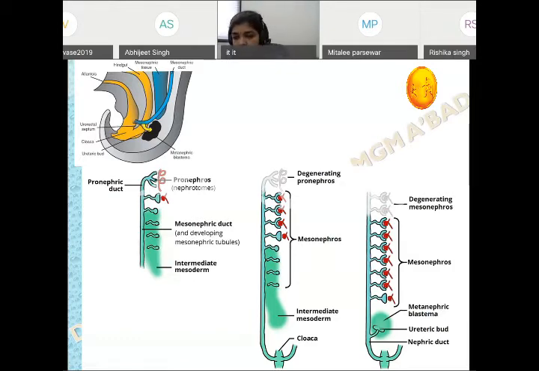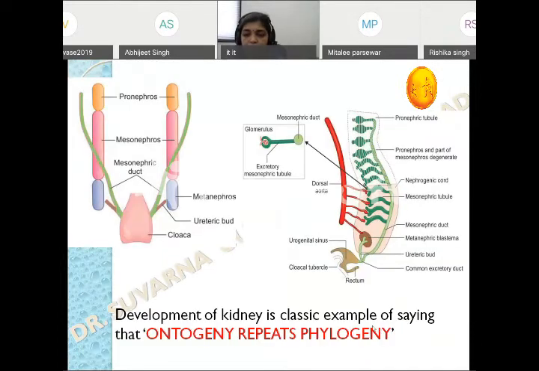So this is mesonephros. As mesonephros starts disappearing, the metanephros starts appearing in the sacral region, which is unsegmented. It is ultimately forming the definitive kidney. It is present in higher vertebrates, right? Till this part, in the last lecture, we have seen in detail three evolutionary stages of kidney, right?